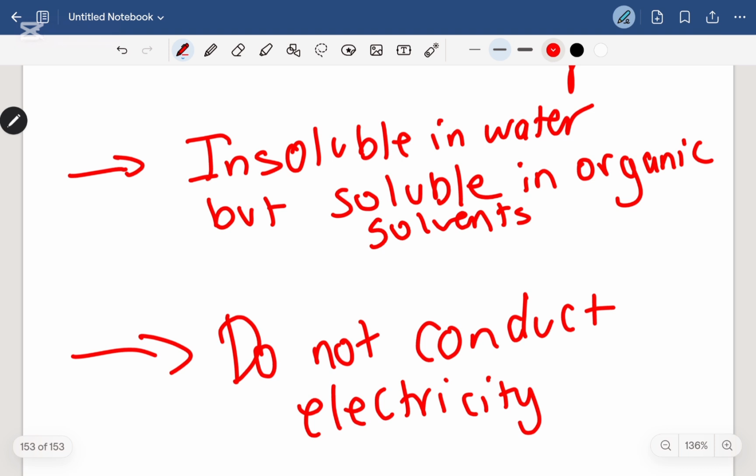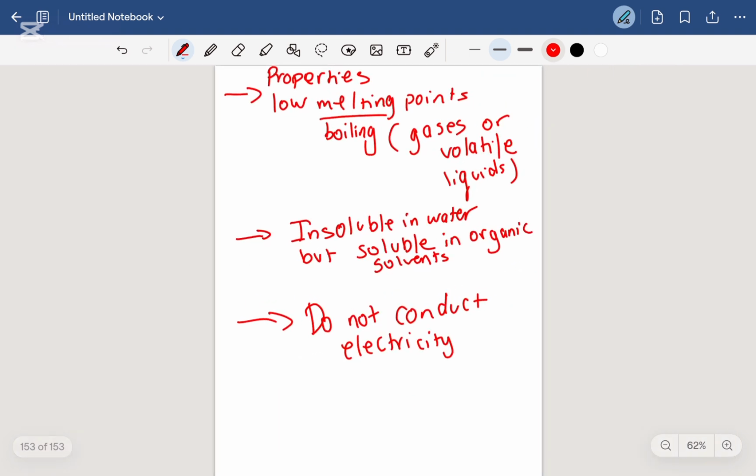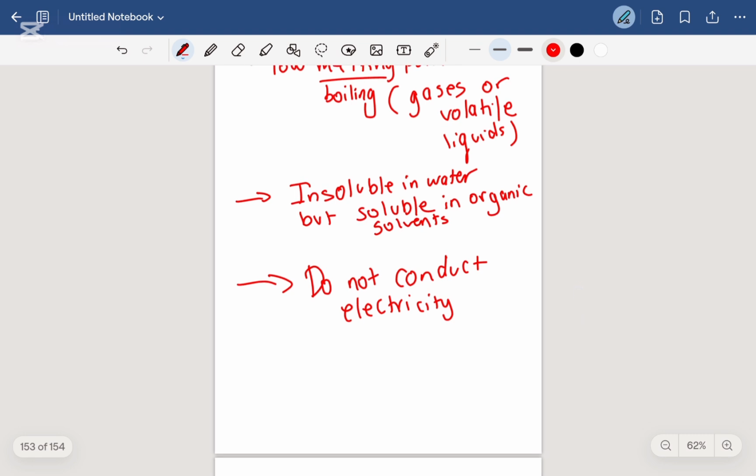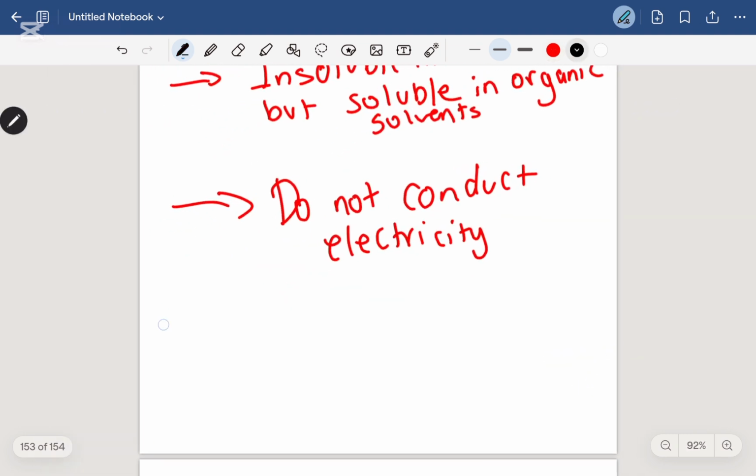It's because they do not have any free electrons that can be delocalized and carry a current. Because pretty much covalent crystals are sharing the electrons, okay? So there are no free electrons to be used to make an electric current.